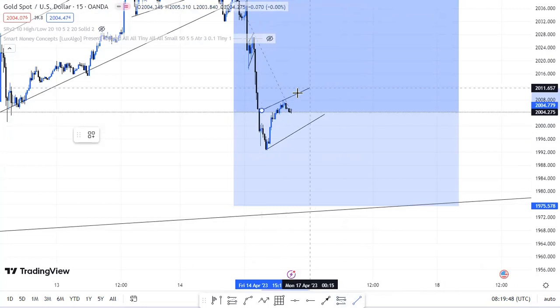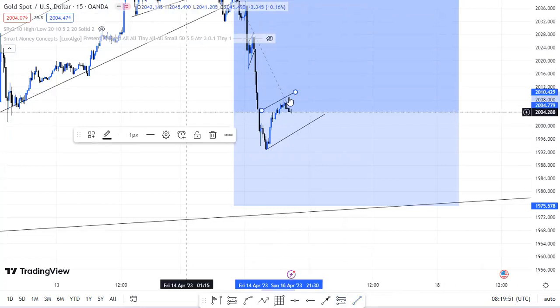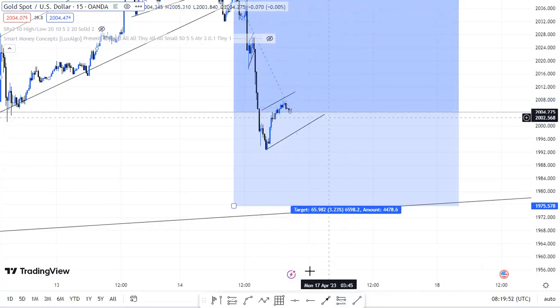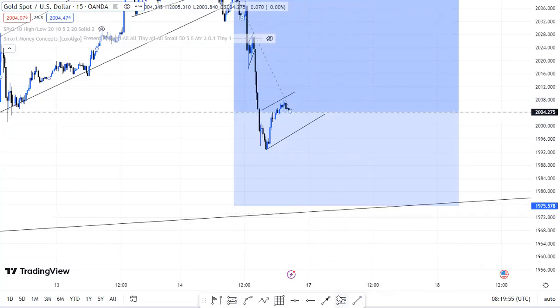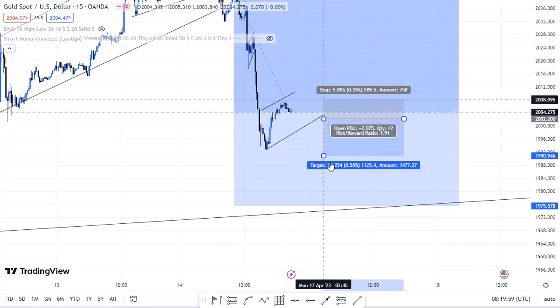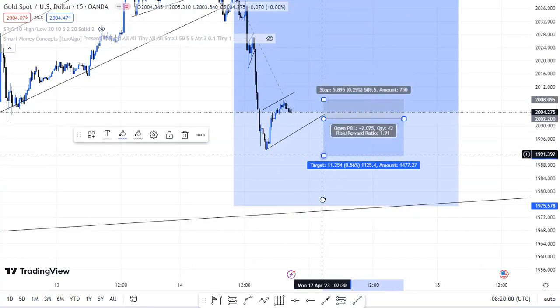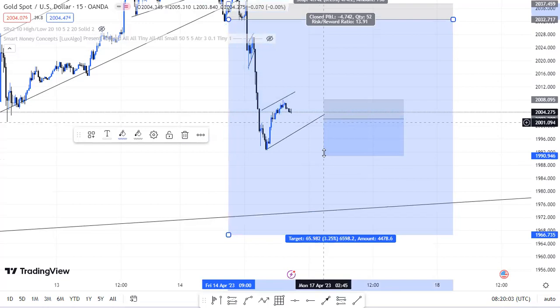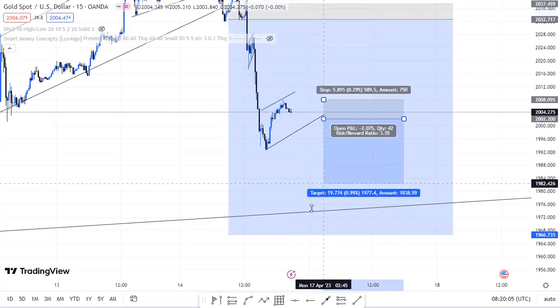This is the correction we'll be expecting. Okay, correction, then breakout. As soon as it breaks out, we're going to take a sell, put our stop loss, and then our target will be right here. My bad. Our target will be just right here.